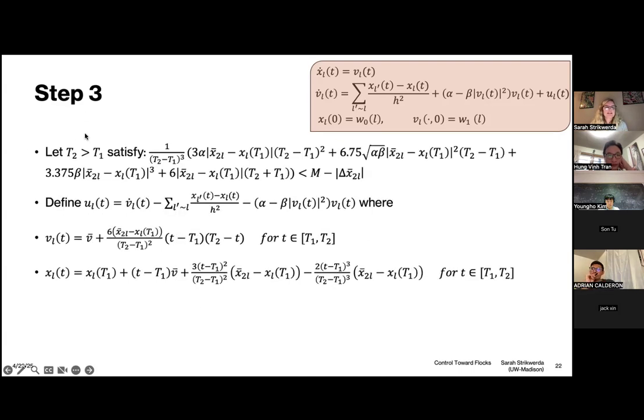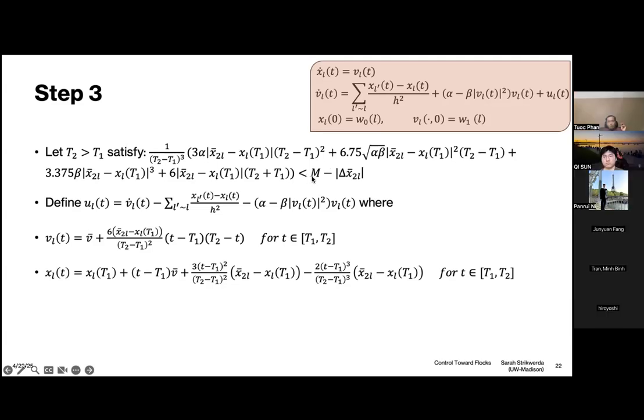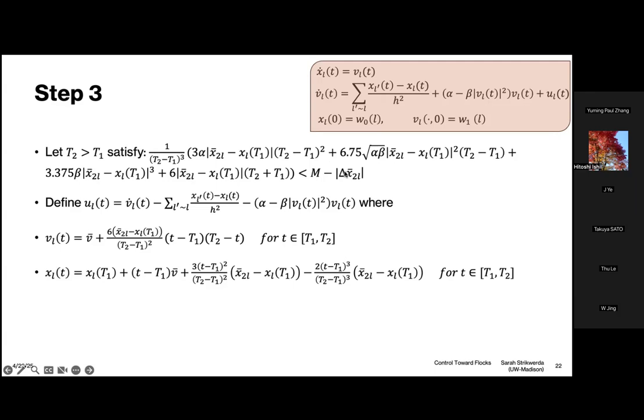So then we can move on to step 3, and similarly, we'll let T2 satisfy this expression where we want this to be small enough, and it can be small enough because we have this cube term on the bottom, where now this is going to be less than m minus the discrete Laplacian of the given flock.